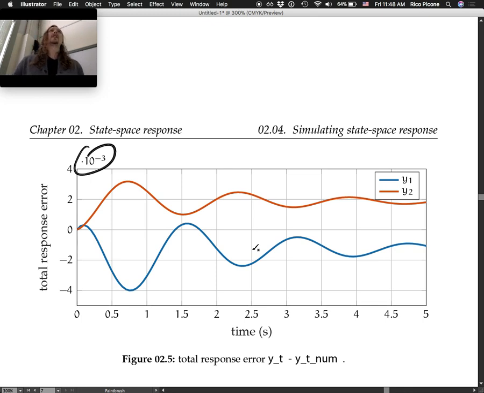The numerical stuff is great when you're going to play with stuff and do one-off calculations. It's super quick, right? SS, LSIM, bam. But if you're going to get really detailed in your analysis and your design, you probably want to find the analytic solution, if it can be found, if it's a linear system.